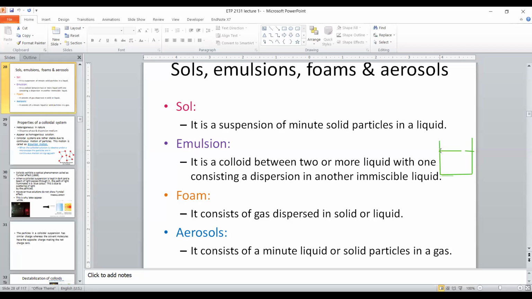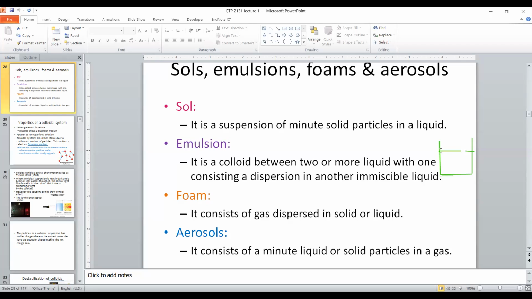Third type is foam. In foam, you have tiny gas bubbles dispersed in a solid or a liquid. Then the last one is aerosols, where you have minute liquid droplets dispersed in gas or minute solid particles dispersed in gas.